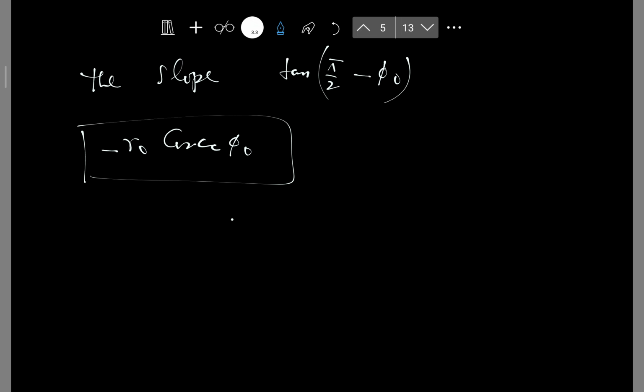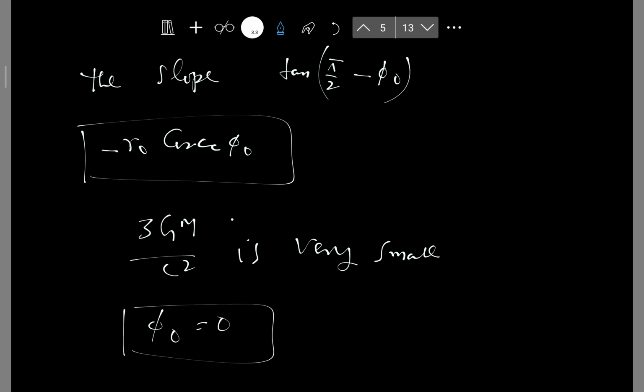Now the term 3GM by c square is very small. For simplicity, we can take phi naught equal to 0, so we have 1 by r equal to 1 by r naught cos phi.